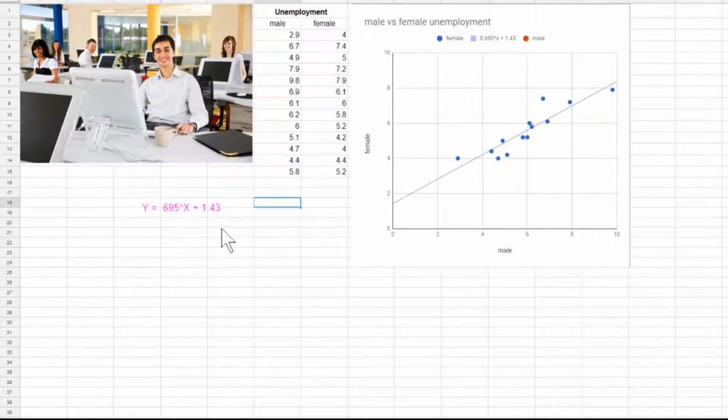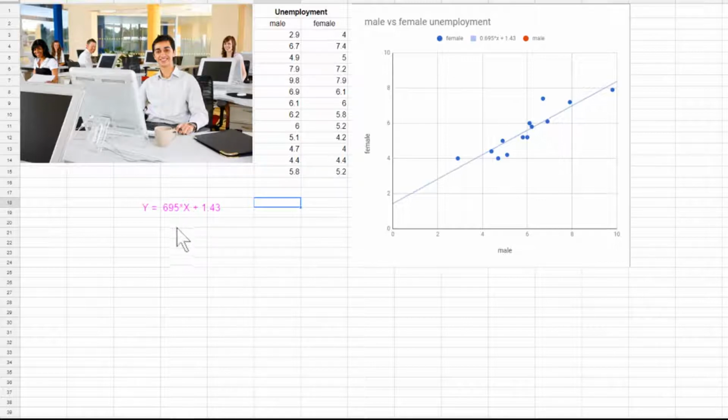So that's saying that there is always an offset of 1.43 in unemployment of female over male. Remember we talked about the y-intercept? This line intercepts the y-axis, obviously at x equals 0, because that's what the y-axis is, at 1.43.